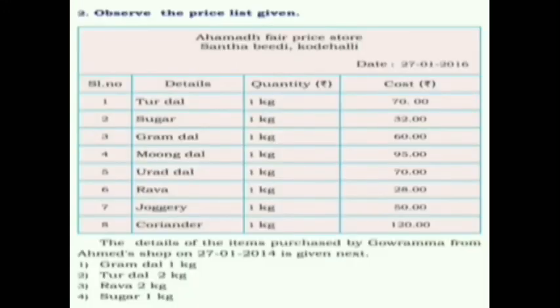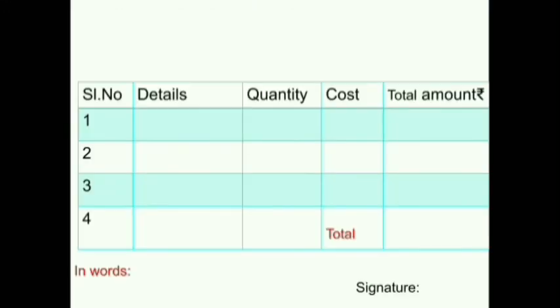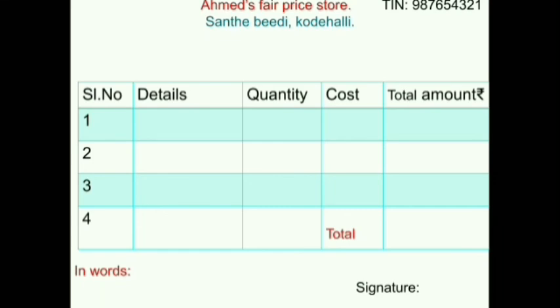Children, now we will prepare a bill with the help of the following details. First we will write the name of the shop, which is Ahmad Fair Price Shop, and TIN number, which is 98765431. Next we will write the address Sante Bidi Kodehalli.